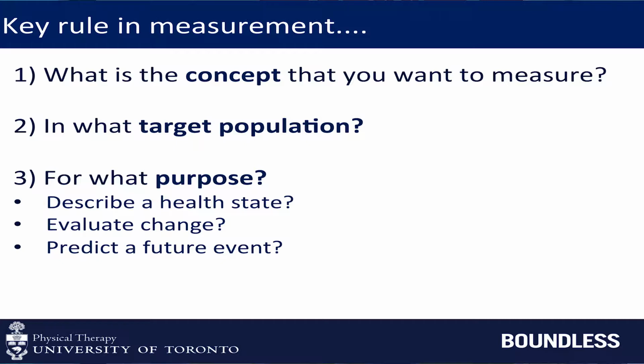But at this stage of the game, when I was starting out, the nature and extent of patient-reported outcomes that captured disability experienced by adults living with HIV was unknown. So I learned, given my training in clinical epidemiology, that when you're embarking upon the field of measurement, the first rule is to know very clearly what is the concept that you want to measure, and in what target population you are interested in measuring that concept, and for what purpose.